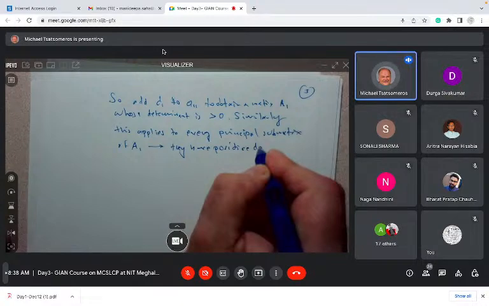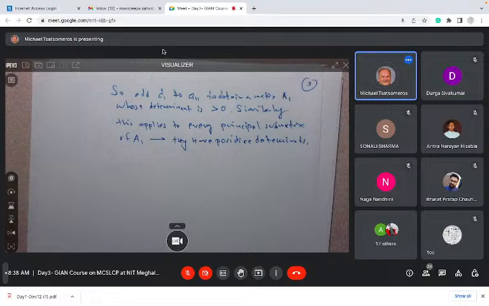Because a principal submatrix of this new matrix A1 is either a principal submatrix of A with no changes and therefore it's still positive, or it's a principal submatrix of A that contains the A11 entry, which had positive determinant.